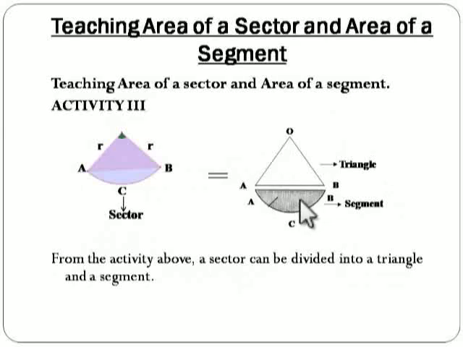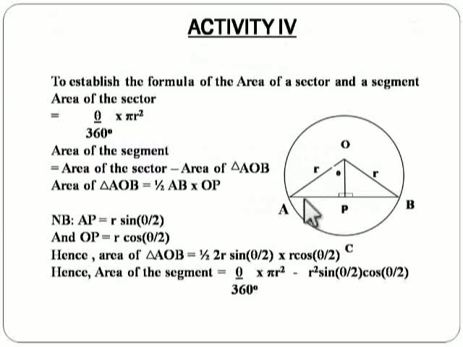If I want to find the area of this segment, then the area of the triangle will be subtracted from the total area of the sector so that you get the area of the segment. I hope you can see that. Normally we say it crosses, but it doesn't cross here. But I hope you can see what I'm trying to say. Thank you.